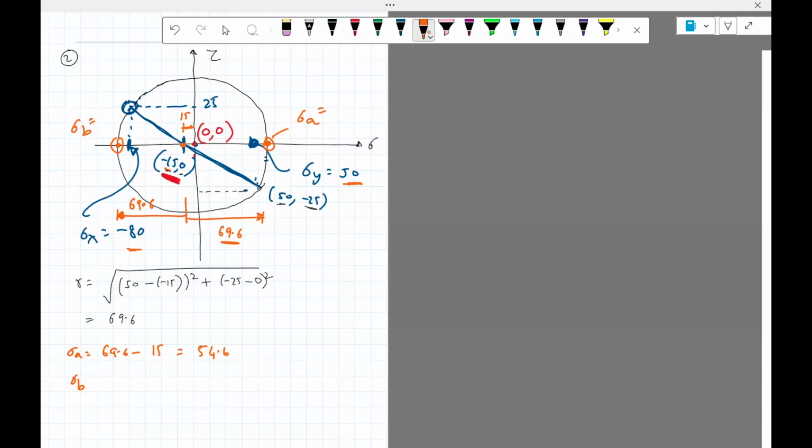So in order to compute sigma B, it's going to be 69.6, which is this distance. I need to add 15. 69.6 plus 15. So actually, this is on the negative side. So I need to be minus 69.6 minus 15, because it's on the left side of the sigma axis. So it's minus 84.6.